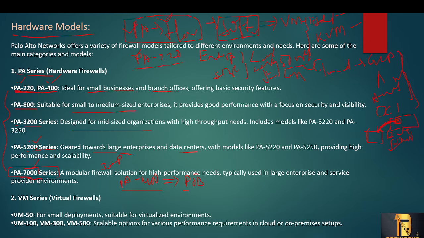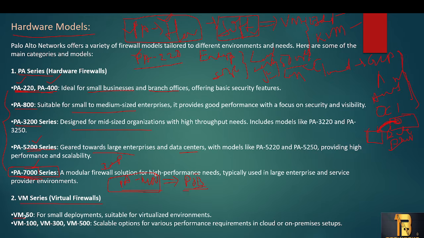All these earlier series don't have PoE, but the newly introduced firewalls will have PoE support. These are the hardware models, and we also have VM firewalls. VM firewalls are likewise chosen based upon the enterprise size.